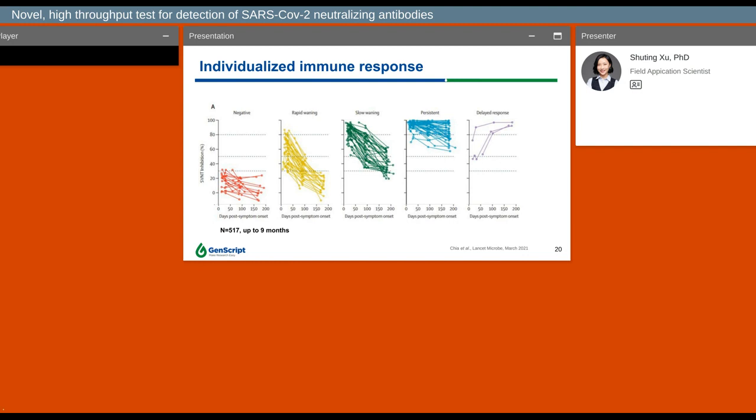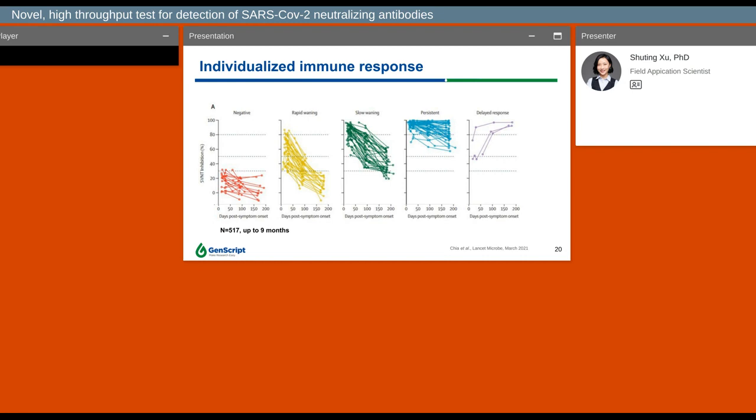And you can see here, we can easily distinguish the responses within 5 groups. The first group is the so-called negative group. They have almost no neutralizing antibody response post-infection for the whole 9 months.